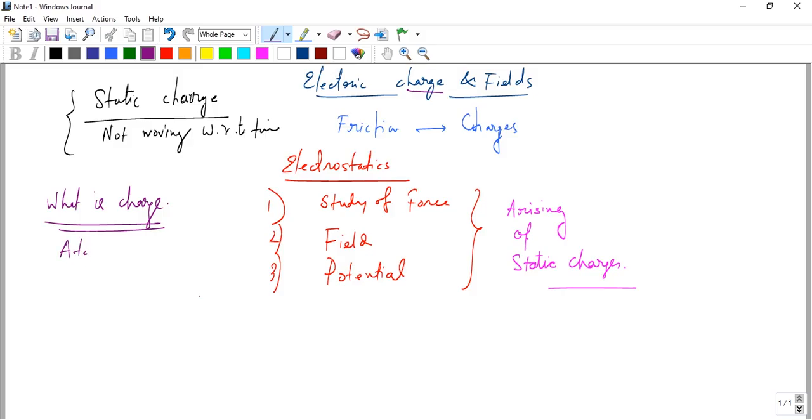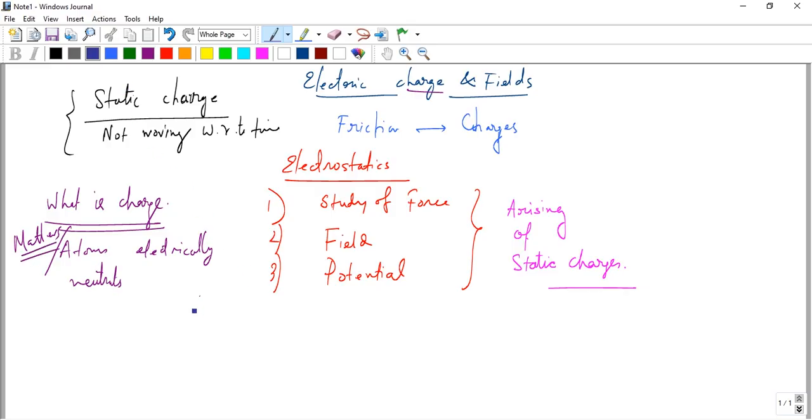Atoms are electrically neutral because there is an equal number of protons and electrons. So atoms, molecules or subsets of matter are electrically neutral.